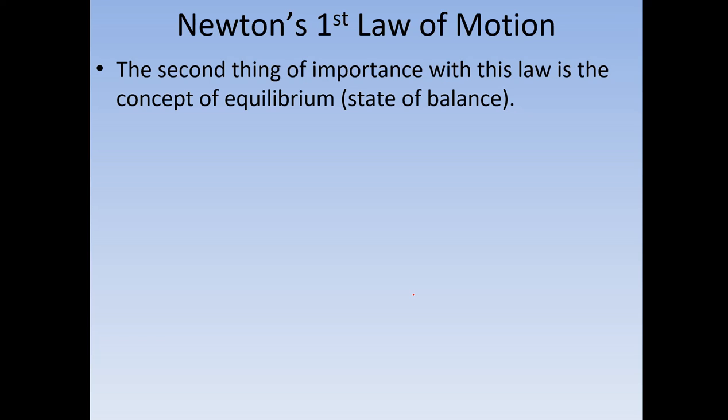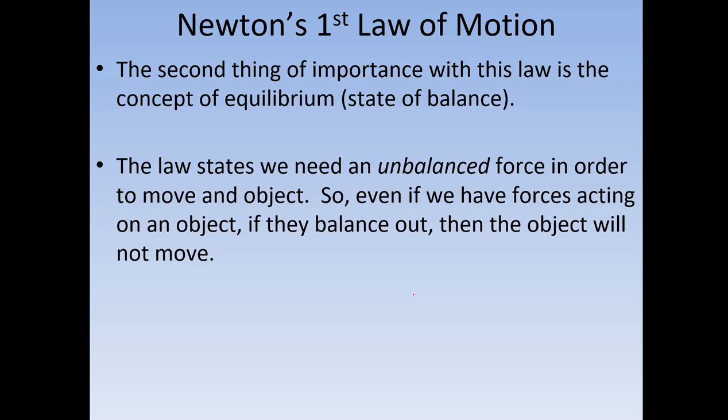This second part focuses on the statement that says unless acted upon by an unbalanced force. So this leads us into this idea of equilibrium. You know the term equilibrium from other science classes. It basically means balance. It's a state of balance. We're using that same idea here, but in terms of forces.